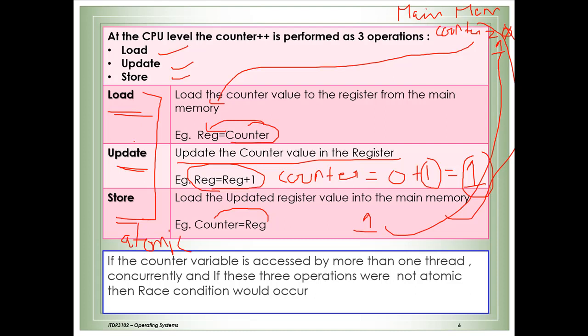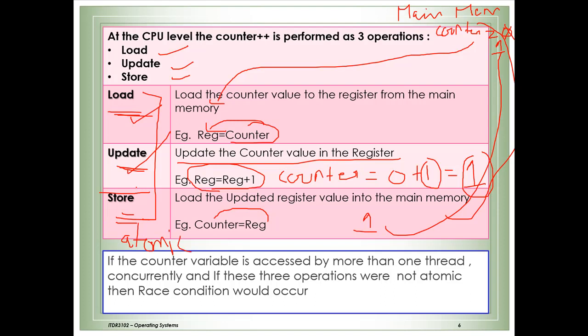So in that circumstance, most of the time, for a thread or a process, this load, update and store operation will not be happening together. For example, let us say a thread has finished the load operation and the update operation, but it has not yet finished the store operation. Context switching takes place.